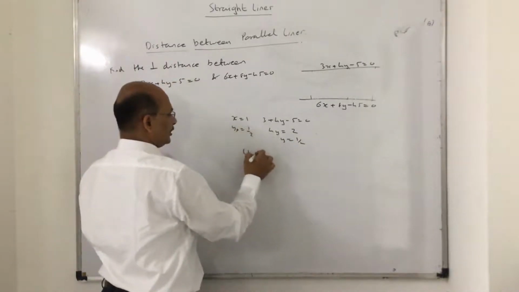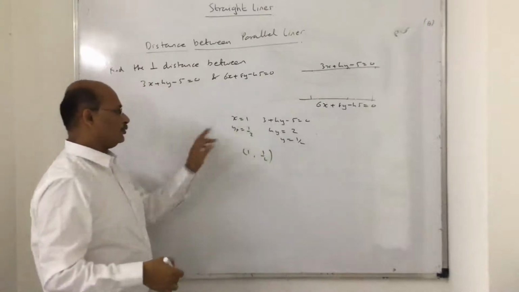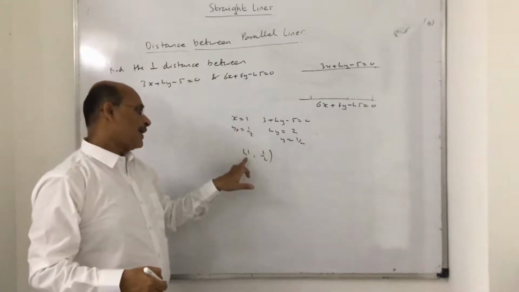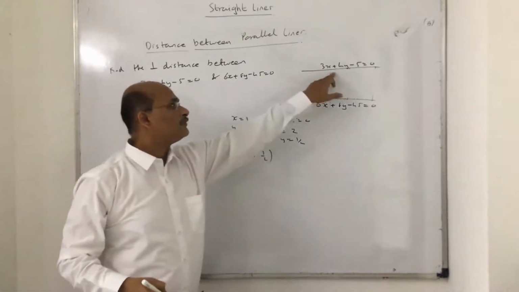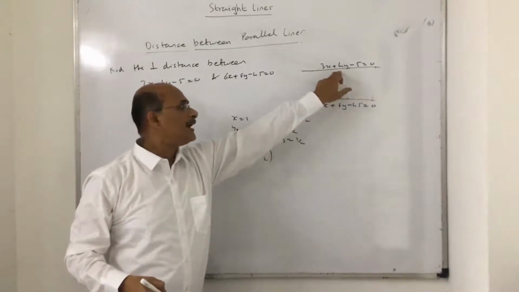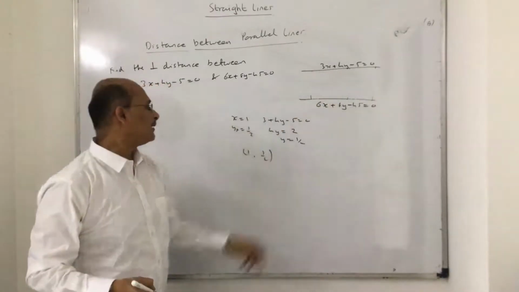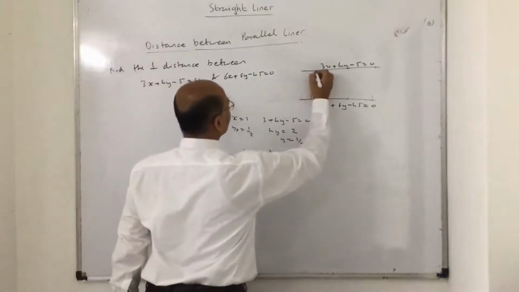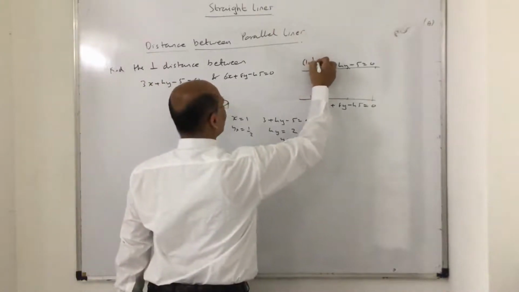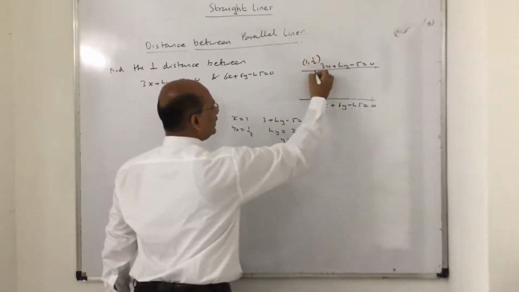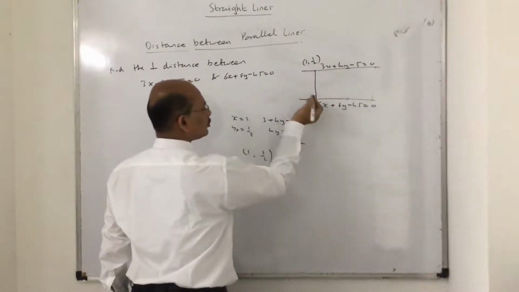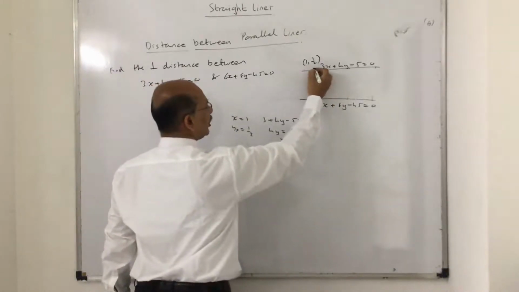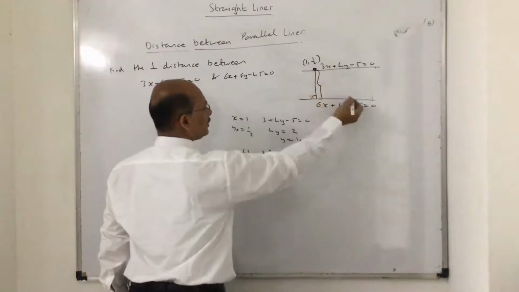So this point is 1 comma 1 by 2. You can take any value for x. 1 comma 1 by 2 will satisfy this, that means it lies on the line, let's suppose it lies over here. And then finding this distance, point to line distance you can easily find.